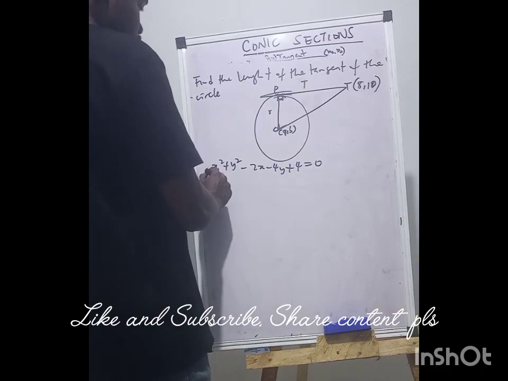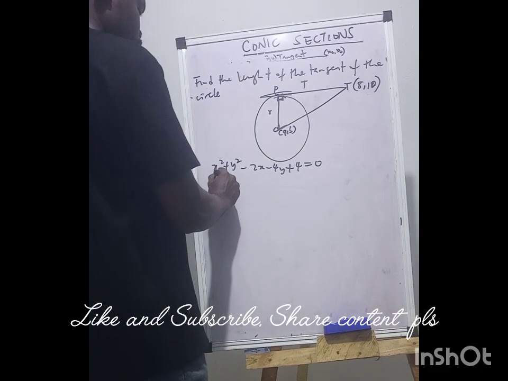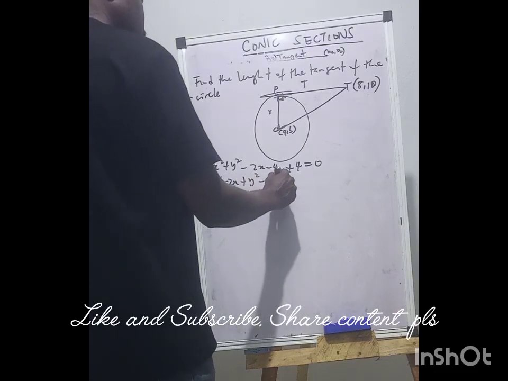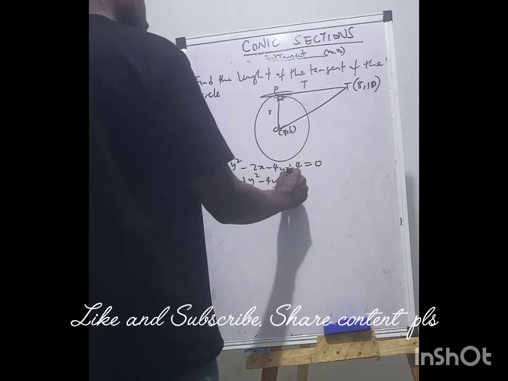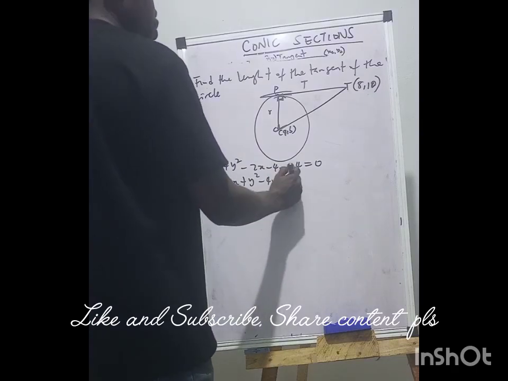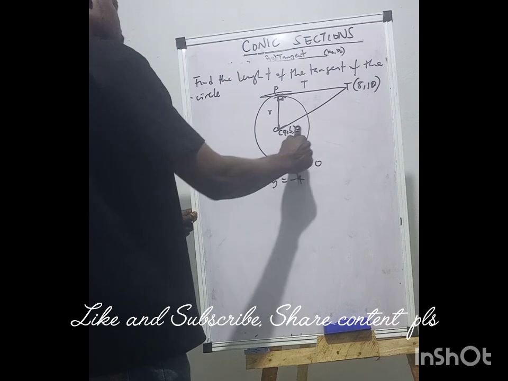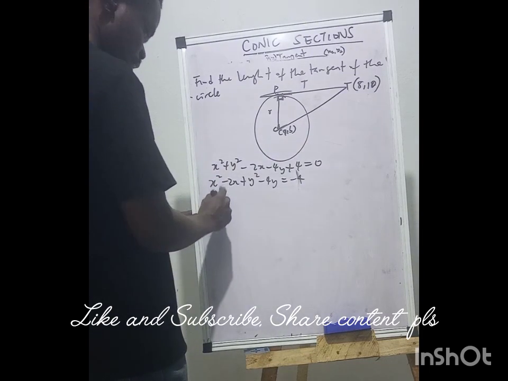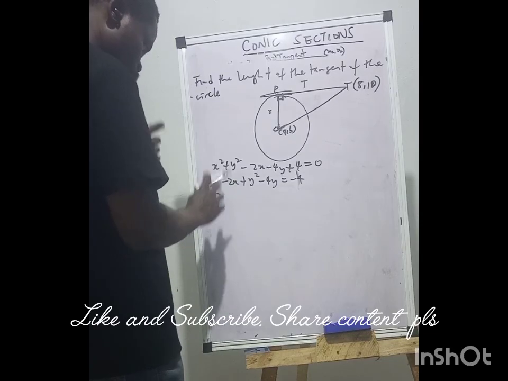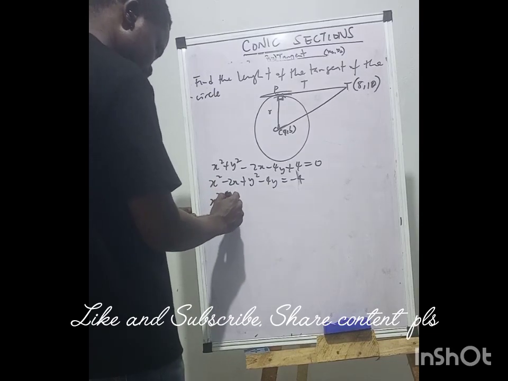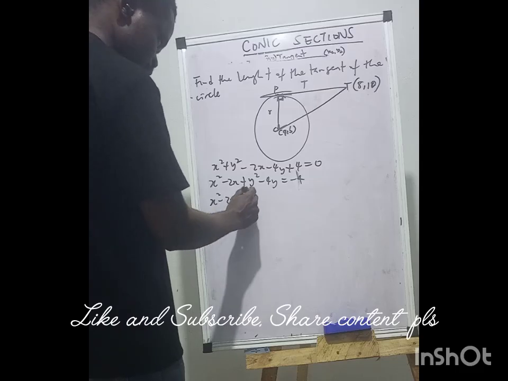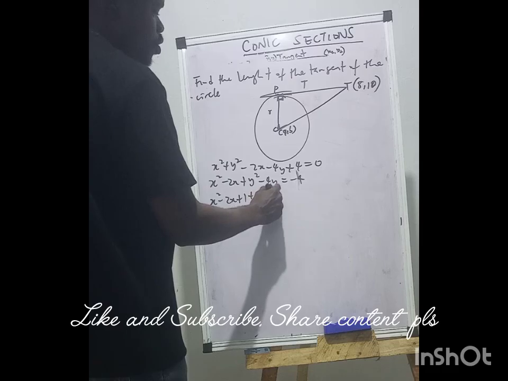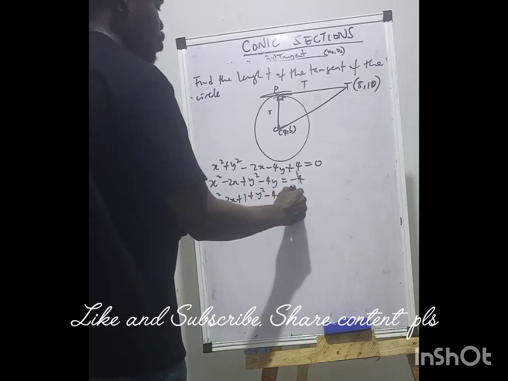So quickly, we have x squared minus 2x plus y squared minus 4y equal to minus 4. Remember, taking this over gives minus 4. So we have x squared, half of minus 2 is 1, so minus 2x plus 1, plus y squared minus 4y, half of 4 is 2, squared is plus 4.